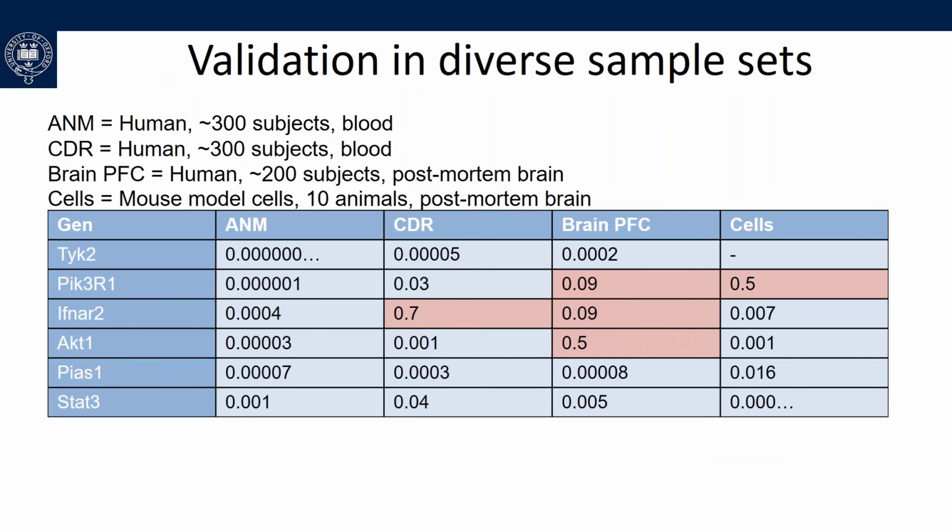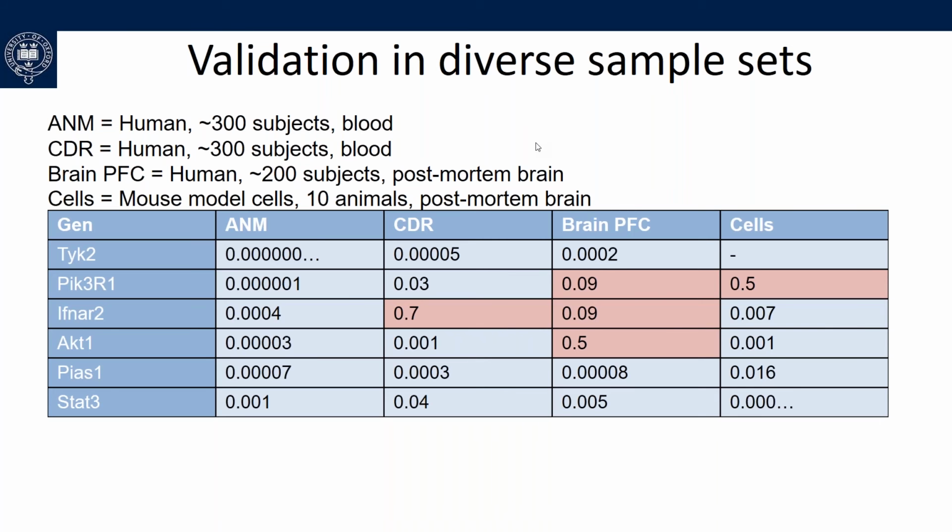Not content with that, we then went to a whole variety of different data sets. Most of these are open source data sets, and we said, well, if we look at the genes on the JAK-STAT pathway, are they actually altered in Alzheimer's disease? So I'm showing you here a table on the left-hand side, looking at gene transcription in blood in the AD-NeuroMed study, and then gene transcription in blood in another independent study.